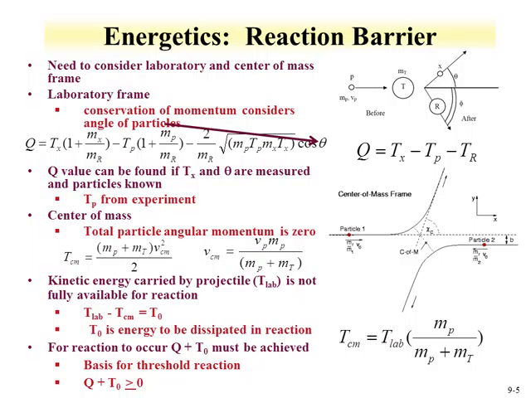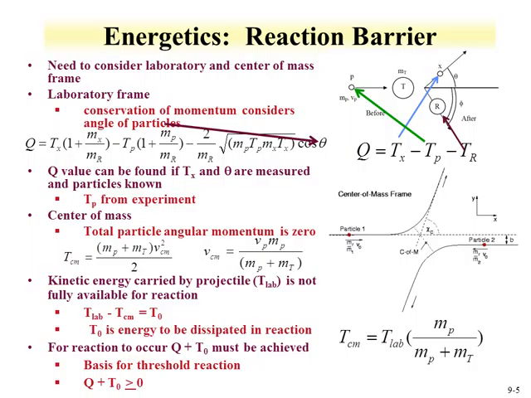So if I look at this equation up here, I see that the Q value is a function of different kinetic energies. This equation relates these kinetic energies to values that could be measured, masses, and something that's known from the experiment, such as the initial kinetic energy of the particle.